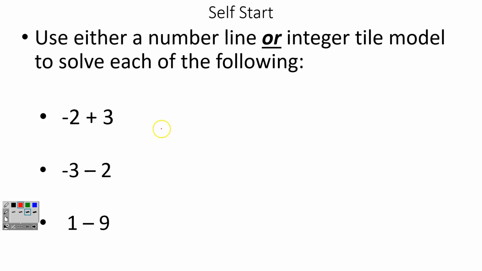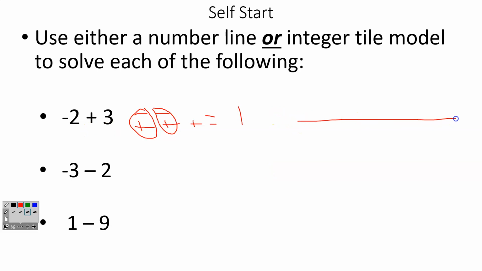Okay? I'm going to go ahead and solve all three of them using both methods, so you can double check your work depending on which way you chose. The first one, -2 plus 3. What this tells me is that I need to draw 2 negatives and 3 positives. There's a 0 pair, there's a 0 pair, and in the end I am left with 1 positive left over.